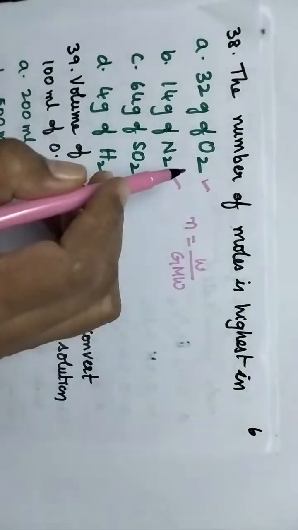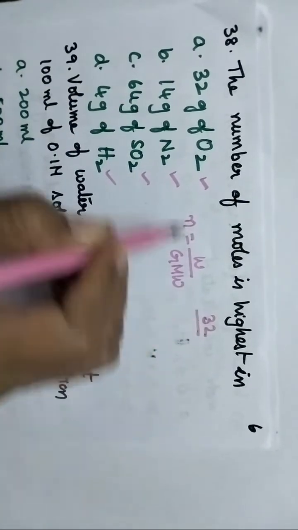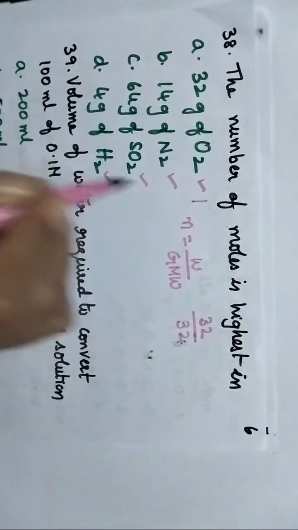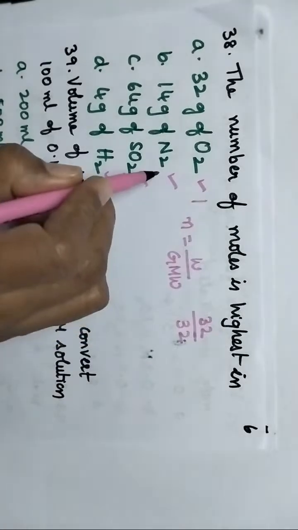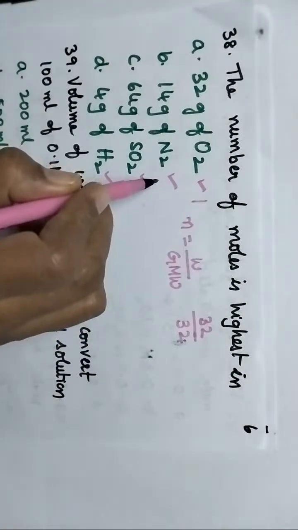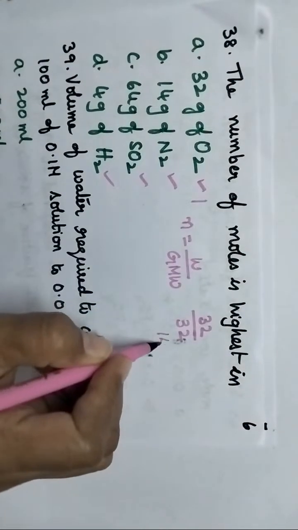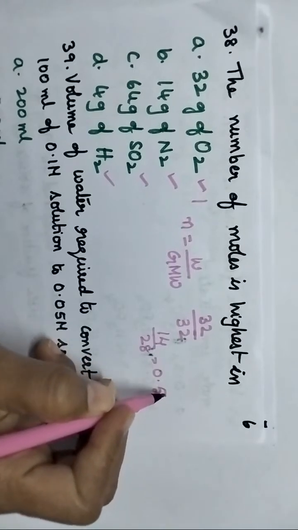Let us calculate one by one. For the first option, 32 by. What is the atomic weight of oxygen? Yes, again it is 32. So 1 mole. 14 gram of N2, 14 by 28, that is equal to 0.5 mole.